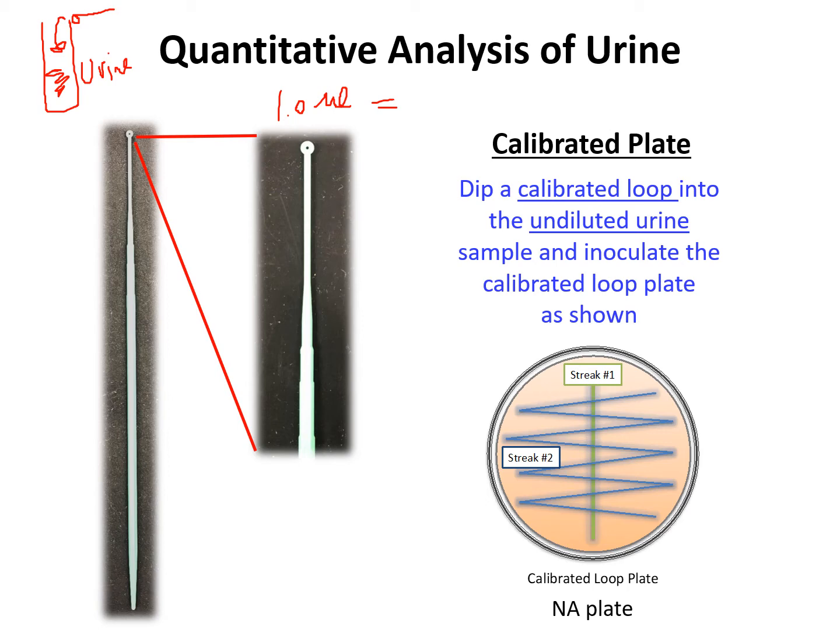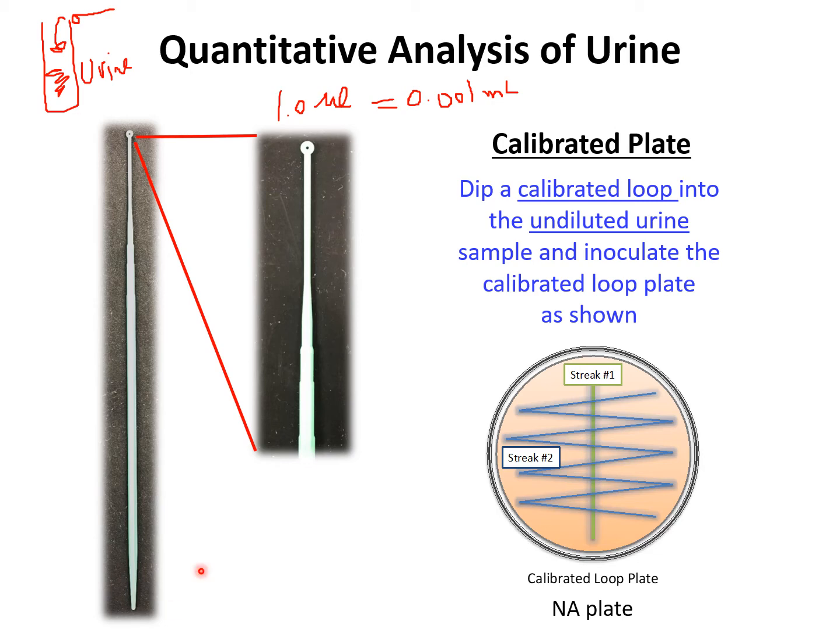You're going to divide by 1,000, so you're going to move your decimal to the left 3 spots. That means it's going to collect 0.001 mils of urine. So 0.001 is the same thing as saying 1 microliter. That means you've diluted your sample.